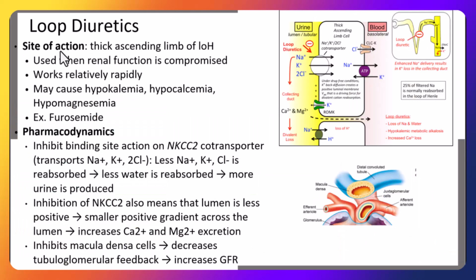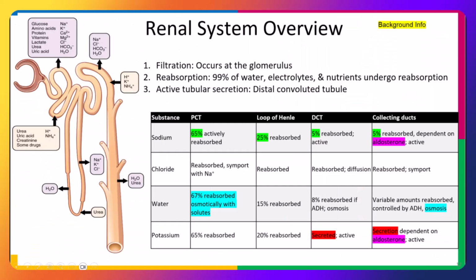Moving on now to talking about loop diuretics. Loop diuretics are going to act on the thick ascending limb of the loop of Henle. So let's just move back for a moment. Loop diuretics are going to work on this ascending limb here of the loop of Henle, but the thicker part. So this is the thinner part. This is the thicker part.